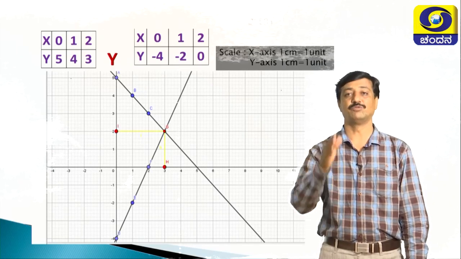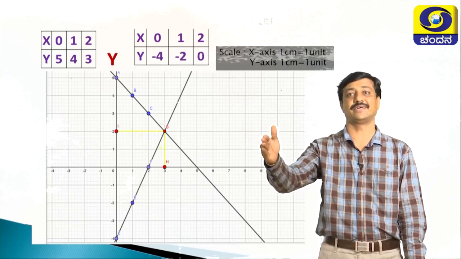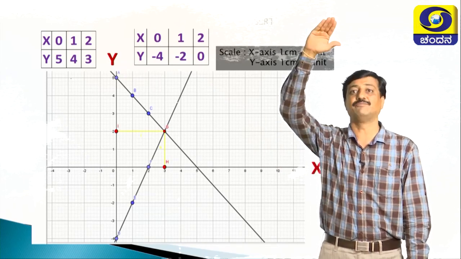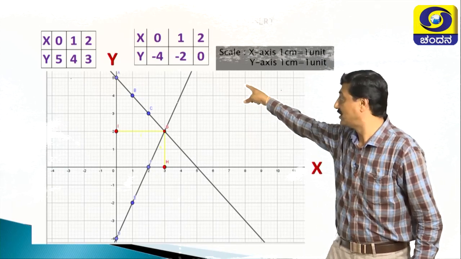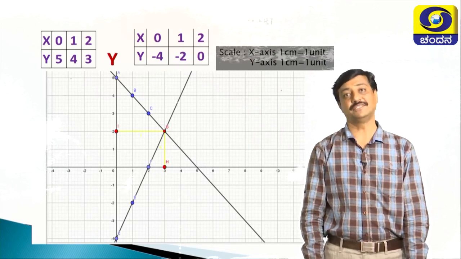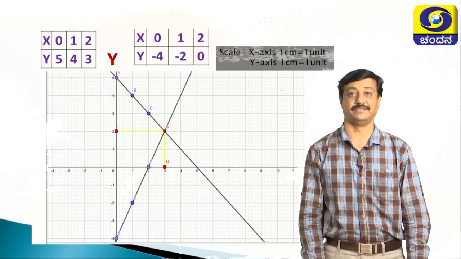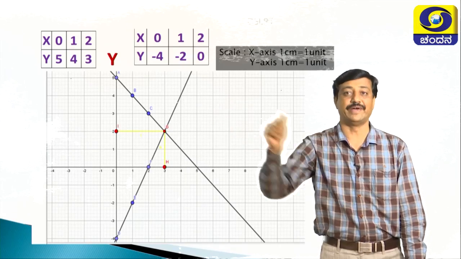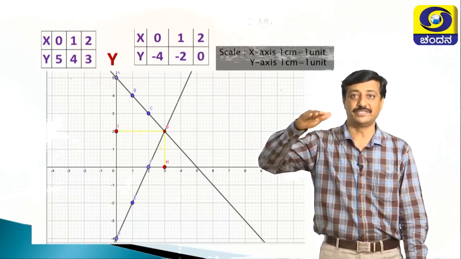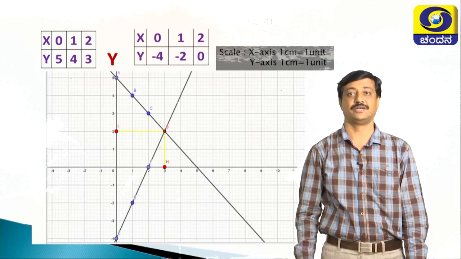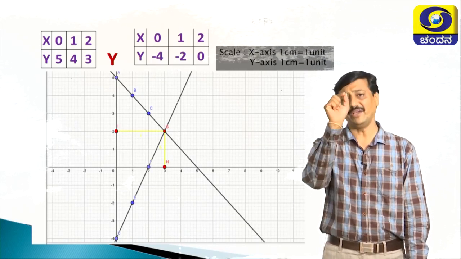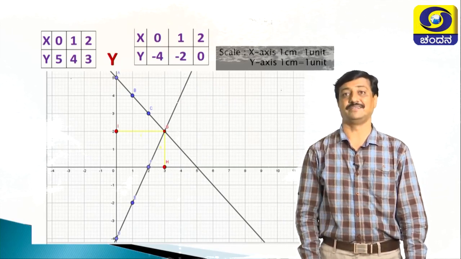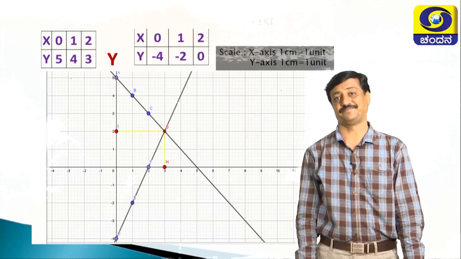For 1, we have to move 1 centimeter towards the right side along the x-axis, and again for y value 4, you have to move 4 units upward. Then you get the point 1, 4. After that, you have to locate the third point, that is 2, 3. You have to move 2 units towards the positive x-axis and 3 units towards the positive y-axis, upward. After locating all the 3 points for the first table, you have to draw a straight line and also extend the straight line.